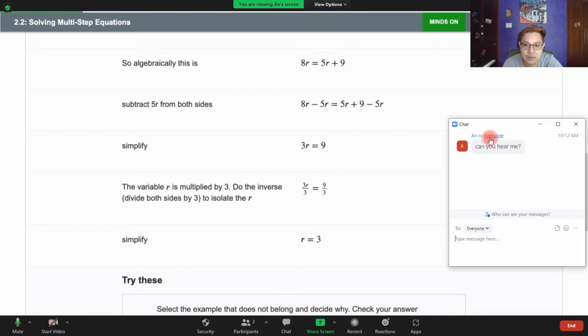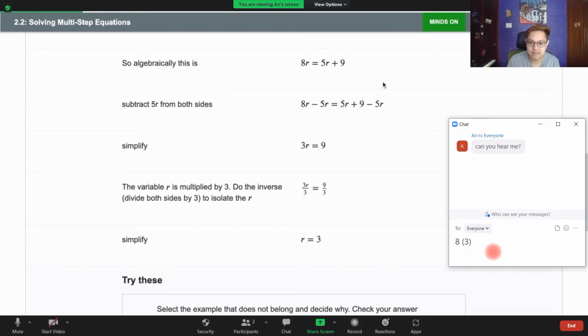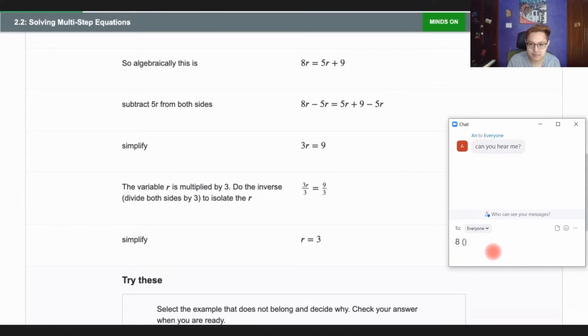You put it back into the original equation. You should have 8 times 3 equal to 5 times 3, and then plus 9, and then you should have 24 equal to 15 plus 9, which is exactly the same thing. So if you have 24 equal to 24, you see it's left side equal to right side.